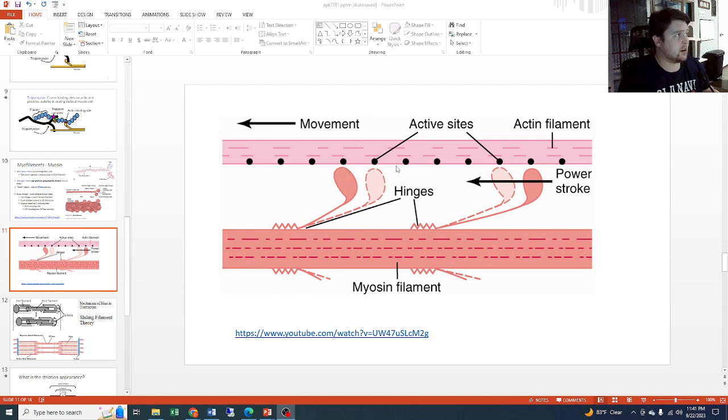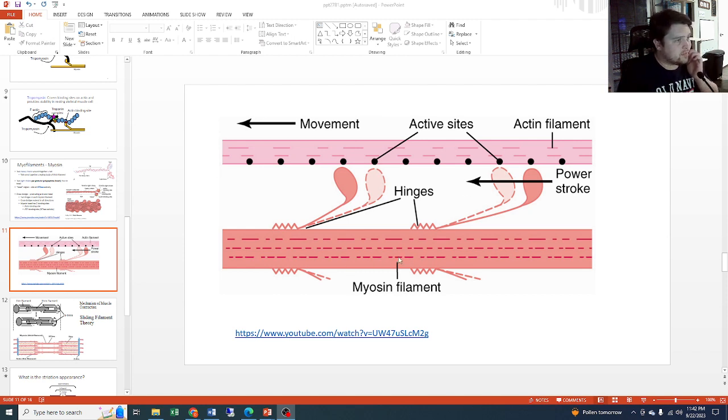It's going to use the energy of the ATP as part of a process where it's going to help pull the actin filament along and reset to continue to do this to cause contraction of the muscle cell.